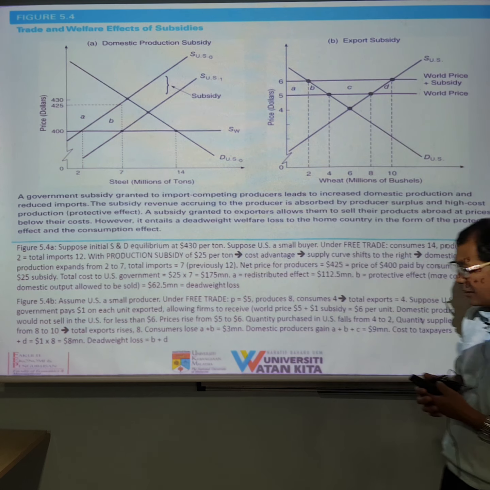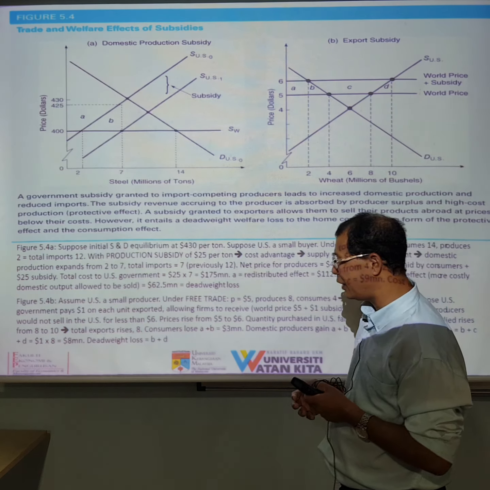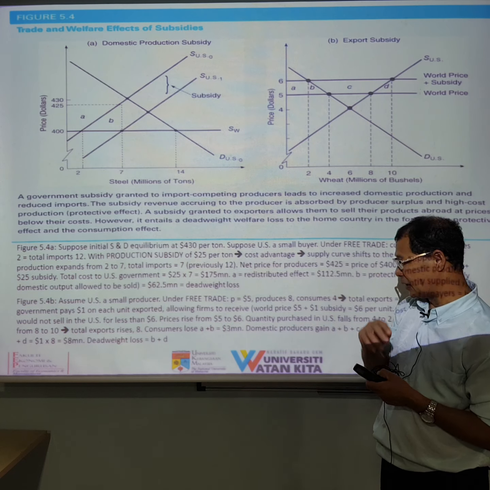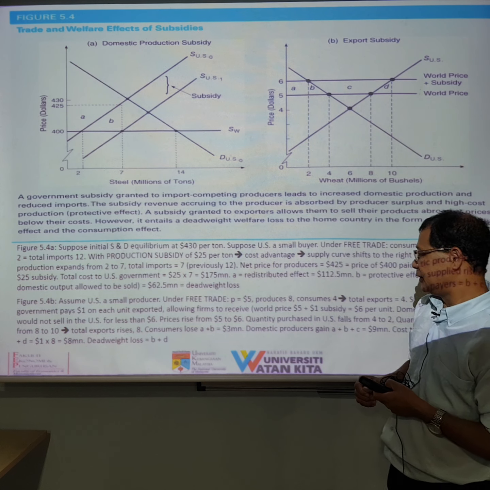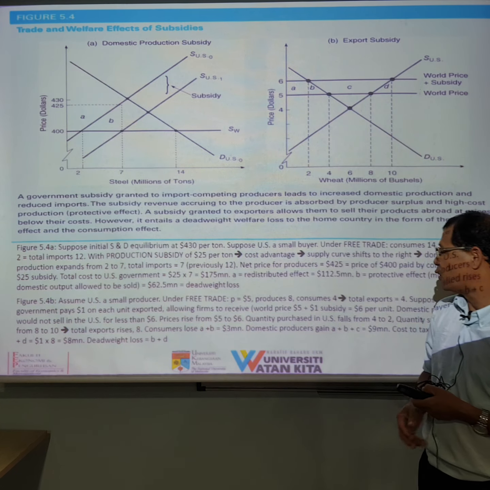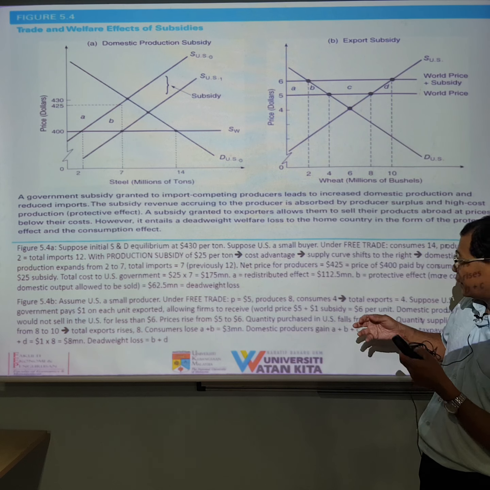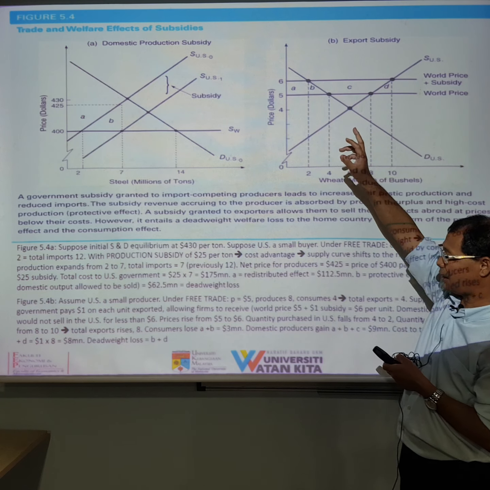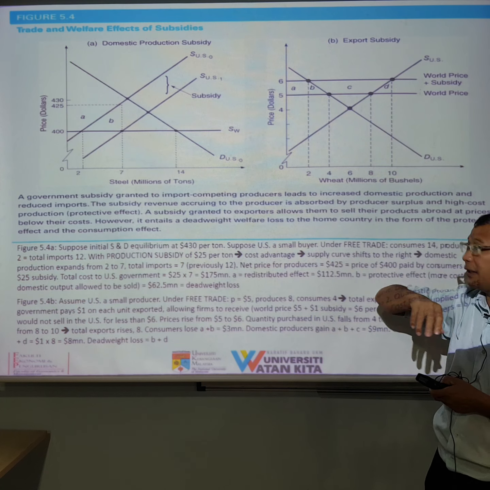Suppose the United States government pays $1 on each unit of wheat exported. That allows firms to receive $6 with the $1 export subsidy.